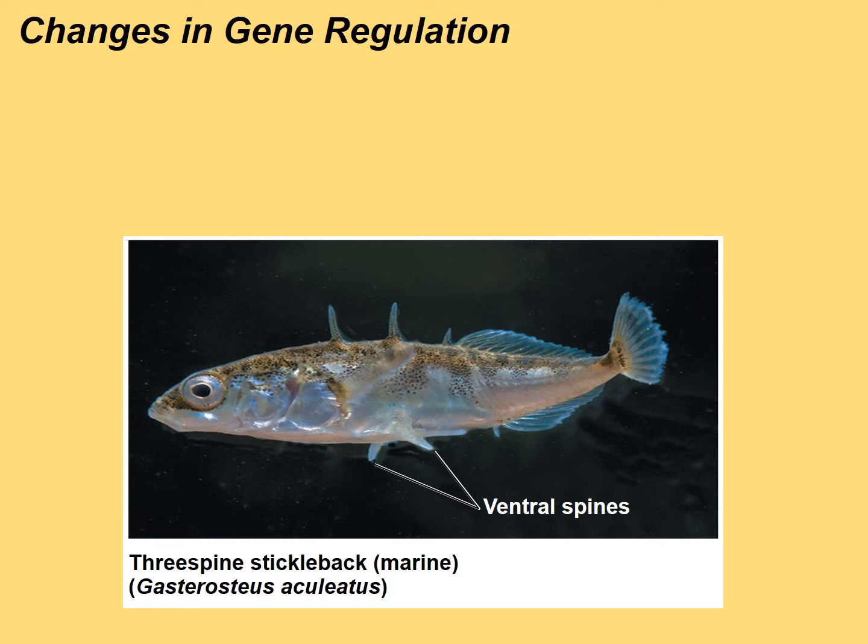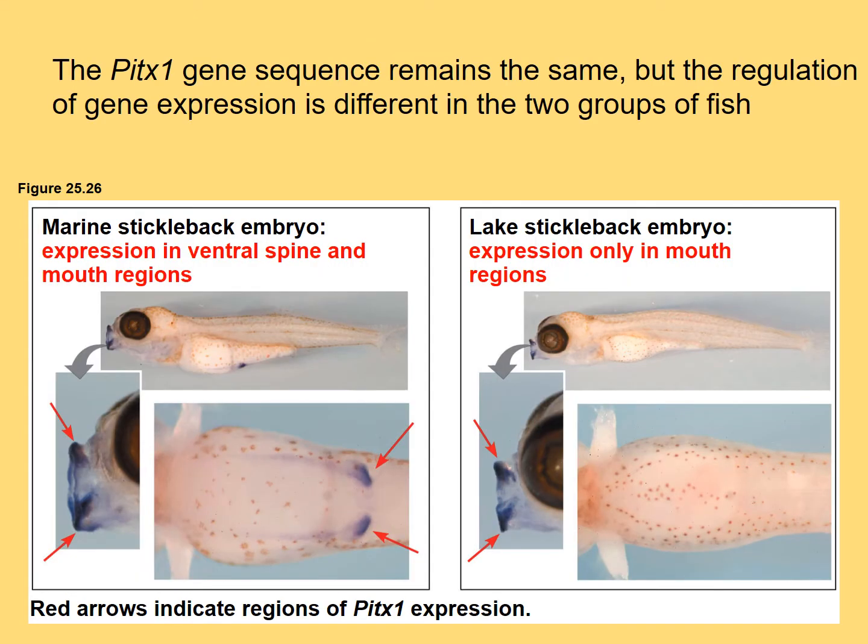The lake sticklebacks do not have the ventral spines or have fewer ventral spines. This appears to be a change in the expression of the PITX1 gene. Now, the sequence of that gene has not changed, but its regulation is different in the two groups of fish.